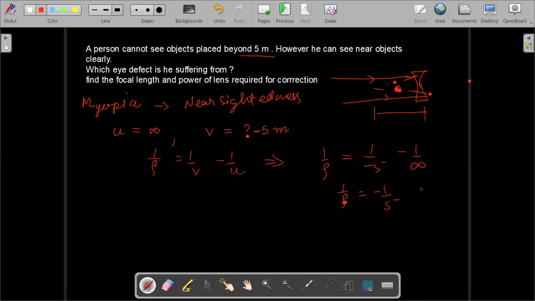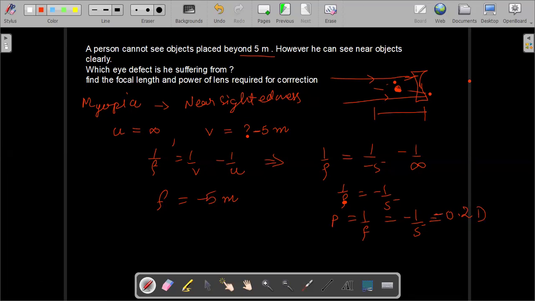So from this you can obtain the focal length of the lens required would be minus 5 meters. The power of the lens is given as 1 by f, so this should be minus 1 by 5, and this would be negative 0.2 diopters.